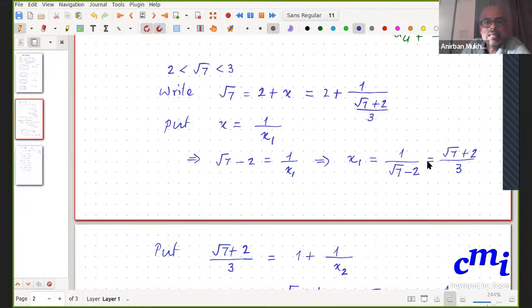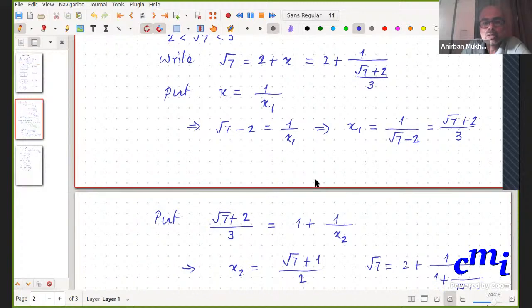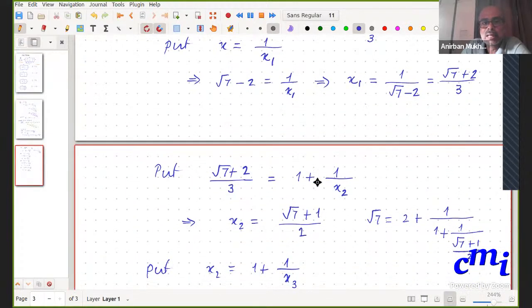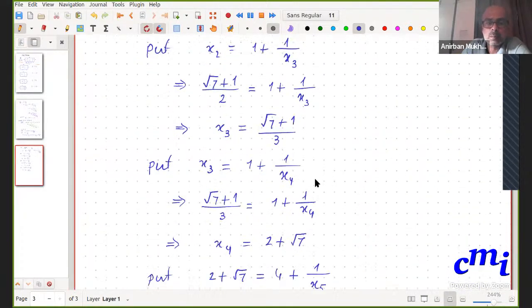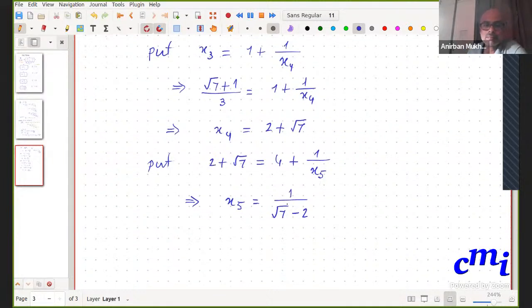You can see here that square root of 7 minus 2 is exactly 1 over x1. So 1 by x1 is exactly square root of 7 minus 2. So this is just x1. So x5 is exactly x1, and there the pattern repeats.